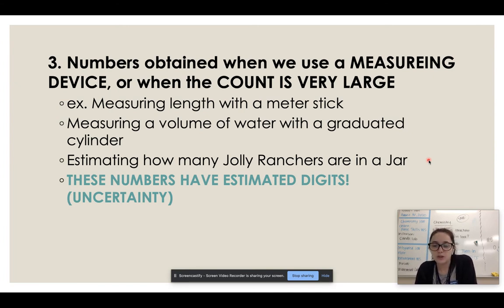It's important to note that these ones have uncertainty because I can say it's one way, but someone else can say, hey, I think it's this way instead. You could say, hey, there's 50 Jolly Ranchers in this jar, but I could say, no, I think there's like 60. So I can estimate and give my uncertainty, or someone else give me their uncertainty with their value.